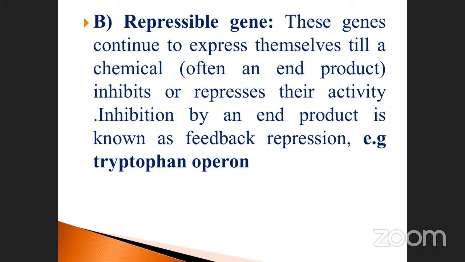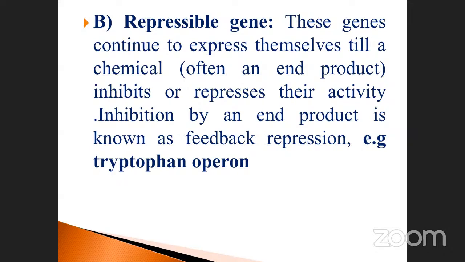Example: the tryptophan operon. Tryptophan is an amino acid, one of the aromatic amino acids: phenylalanine, tryptophan. This is an example of feedback repression at the step that was stopped. Which gene is responsible? The repressible gene is responsible.